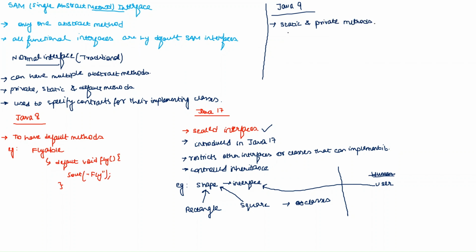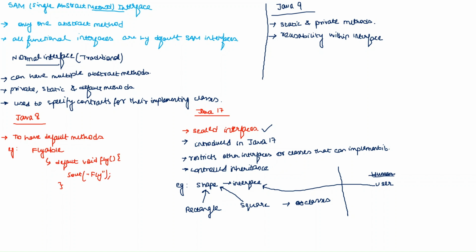With the use of private methods, you can perform reusability within the interface itself at the interface level. Private methods are definitely not accessible outside of that interface.